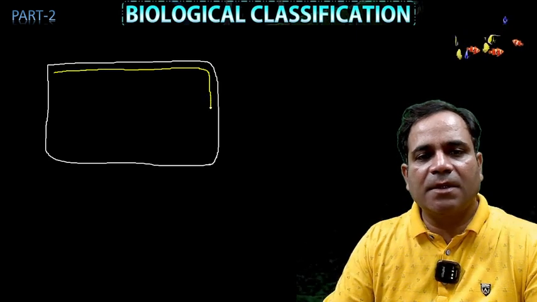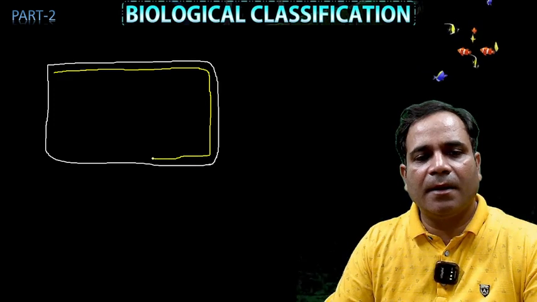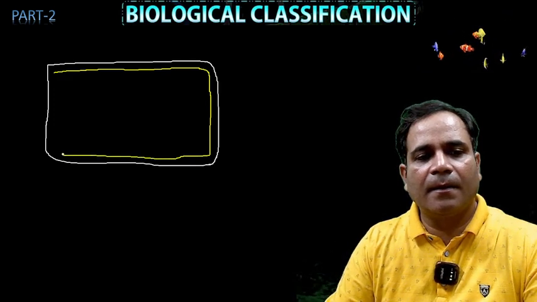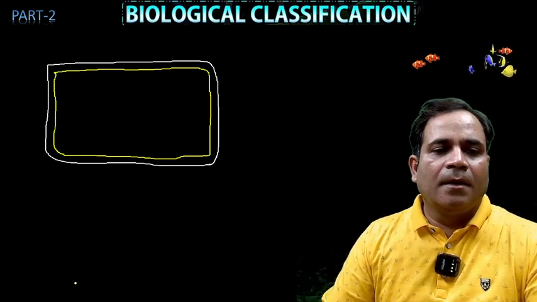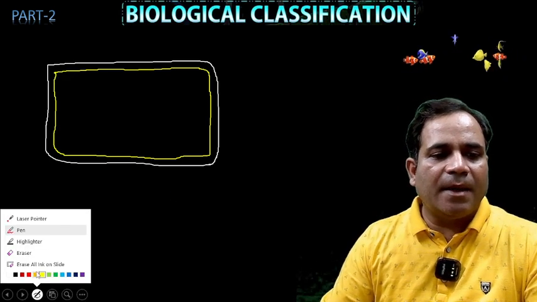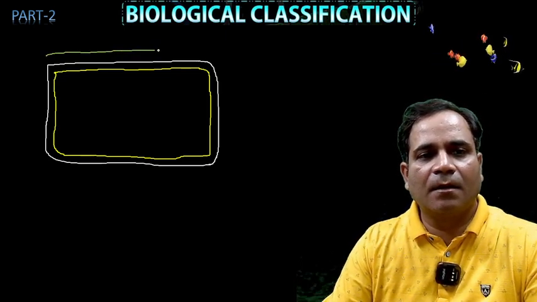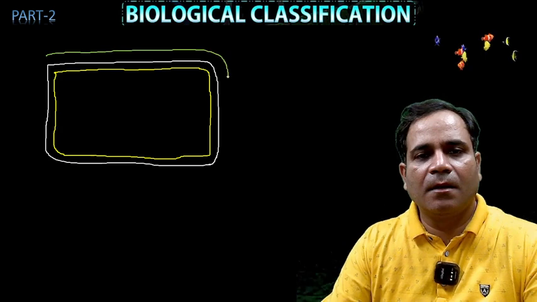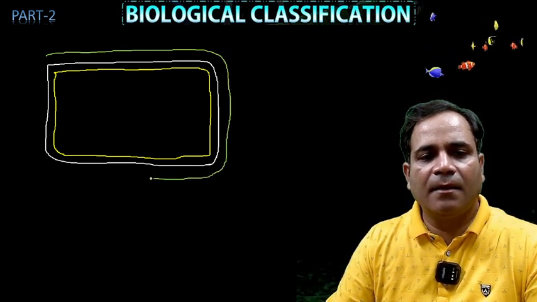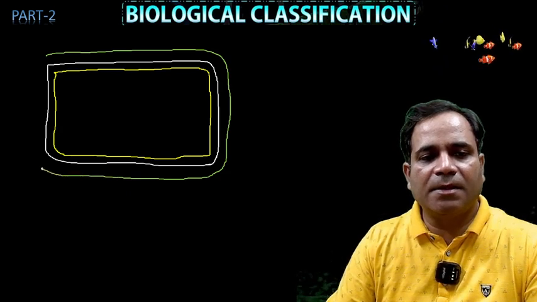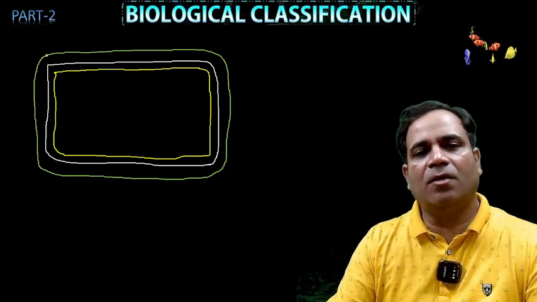Wait for a moment. First I draw, then I label the bacteria. Bacteria has a three-layered membrane. The outer membrane is called glycocalyx.